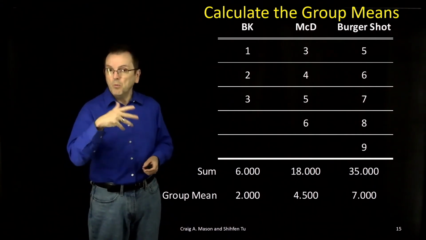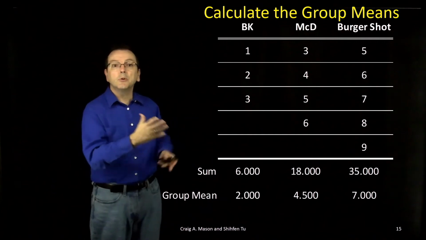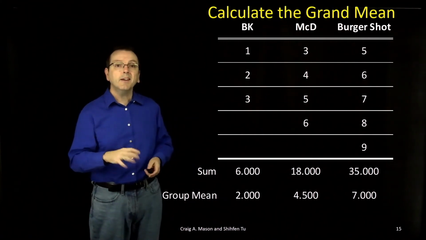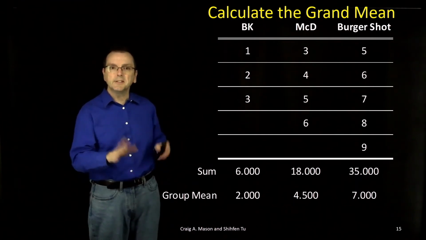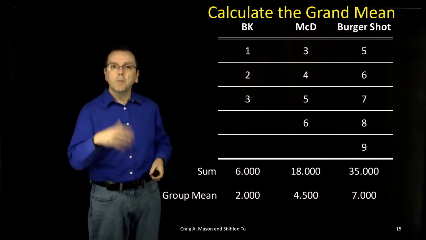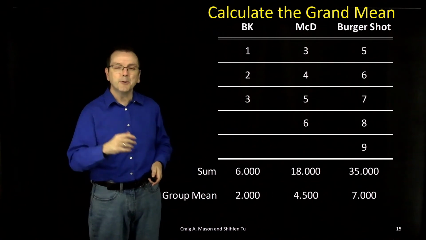Now, while we're here, let's also calculate the grand mean. Even though we don't actually use it for the within group statistics, we'll need it later when we calculate the between group statistics.